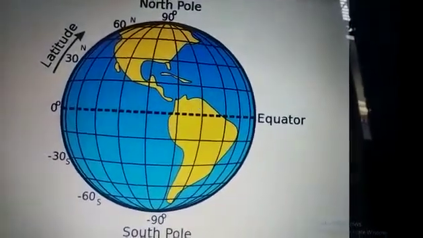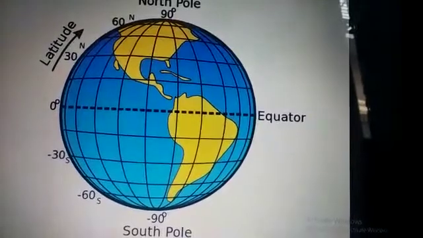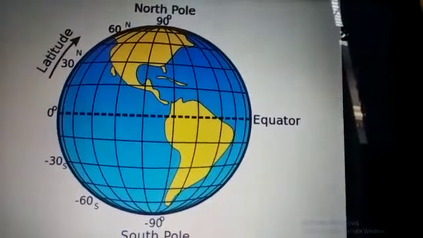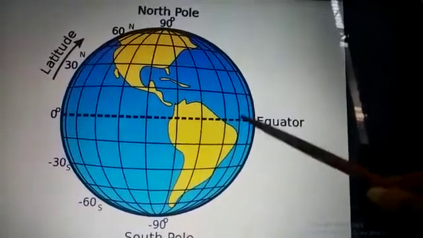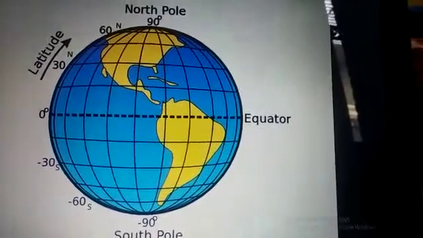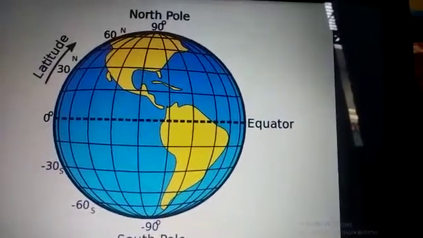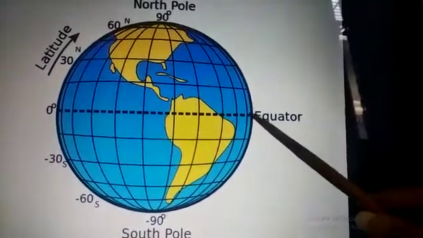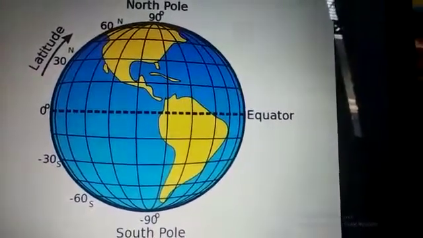So there are 181 parallels. The equator is the most important of all, because it divides the earth, and it is also known as the great circle, because it makes the longest circle.